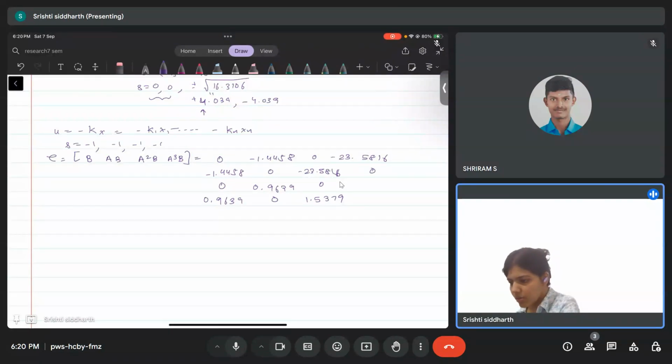Then we have zeros again, 1.5379, and then 0. So this is the controllability matrix.